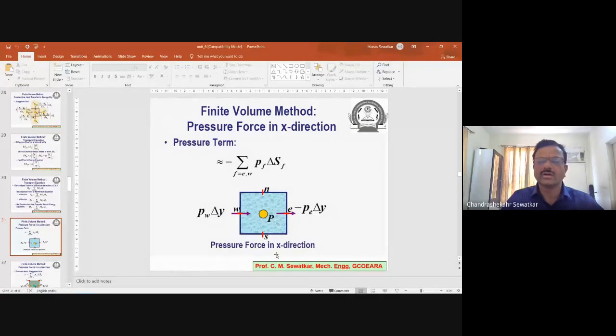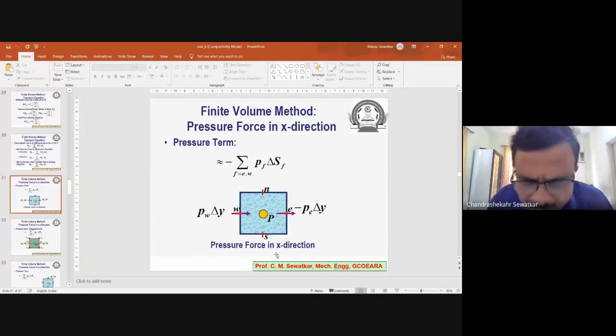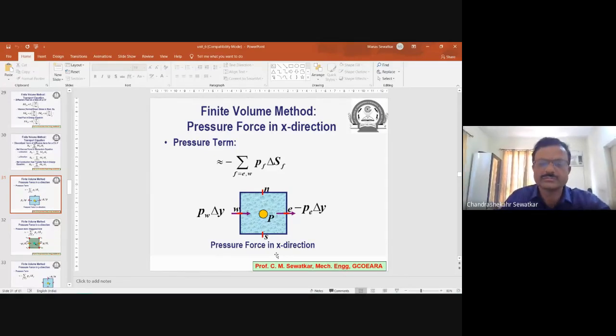We were about to talk about the pressure term. We will do so now because the pressure term is a special term which actually creates a problem when solving the internal equation. So the pressure term can be written in the discretized form.